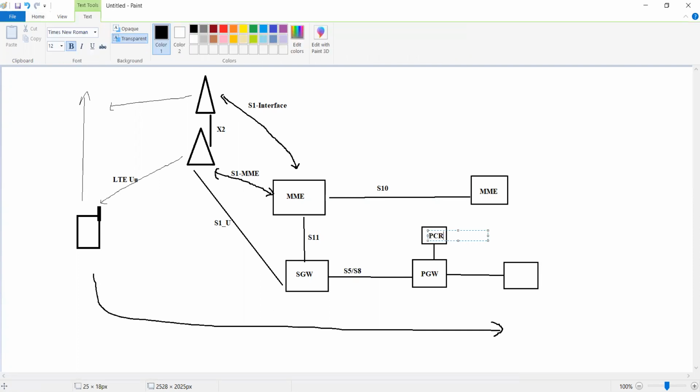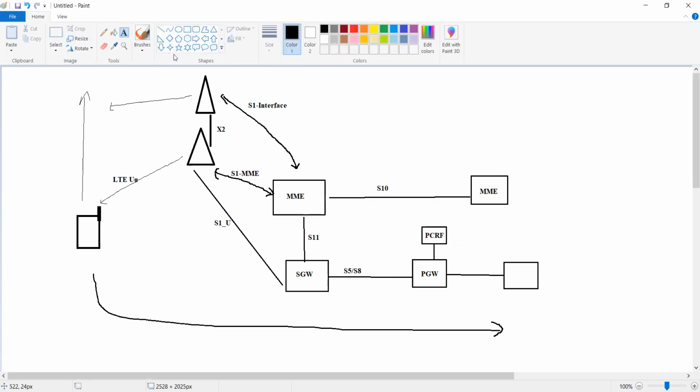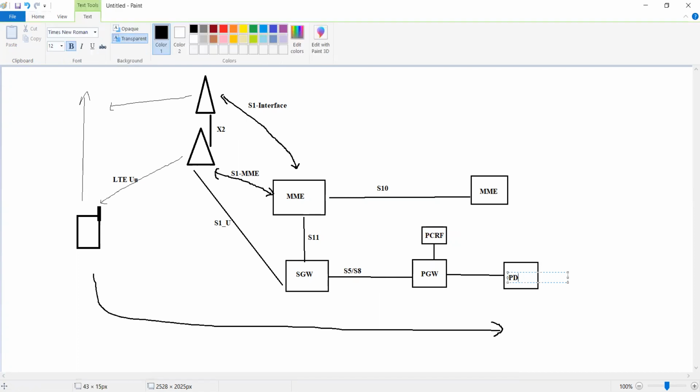This is my PCRF. Our concern is here, this PDN, packet data network.